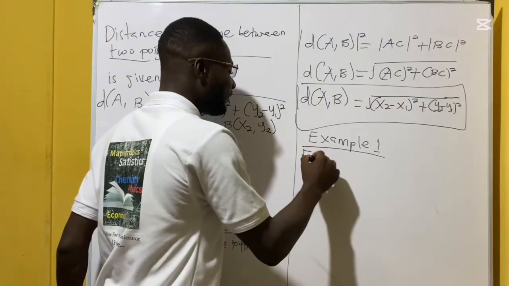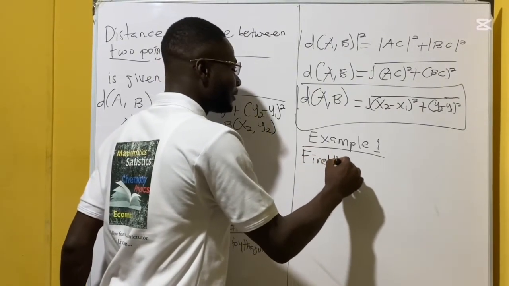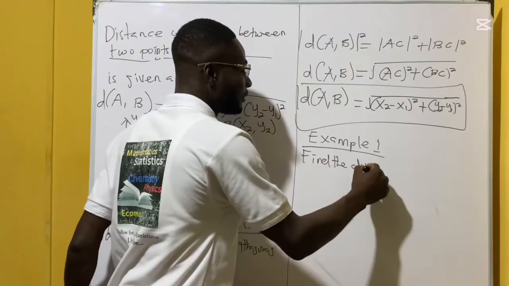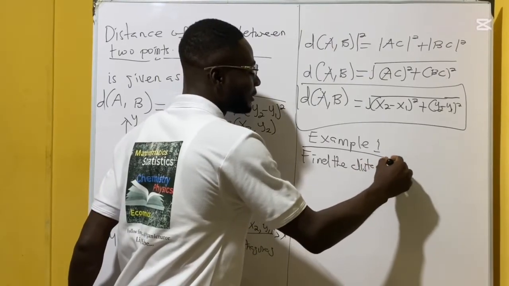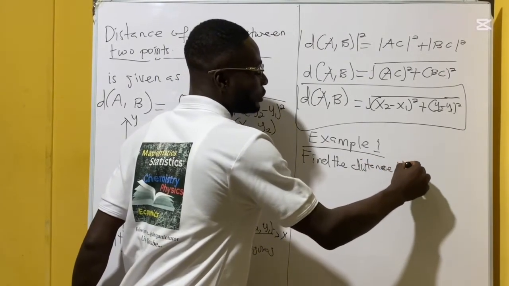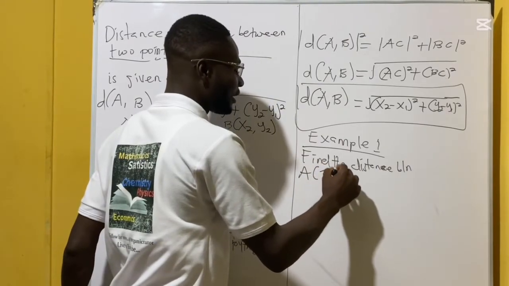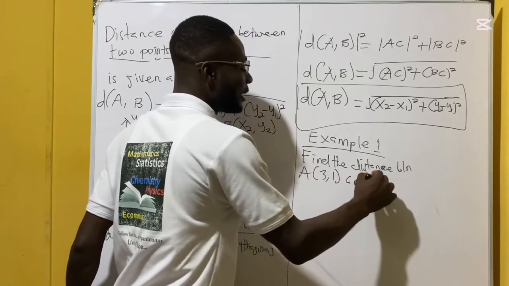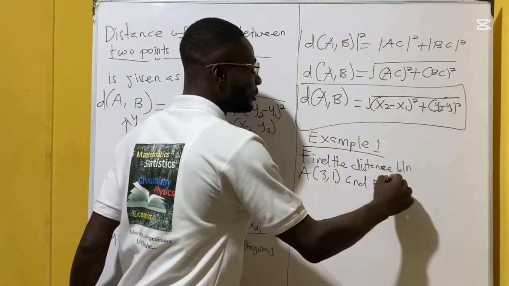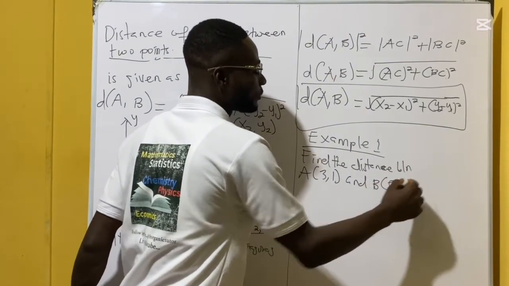So find the distance between A of point 3 and 1 and that of B to be 5 and 2.